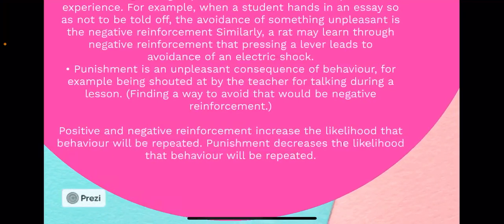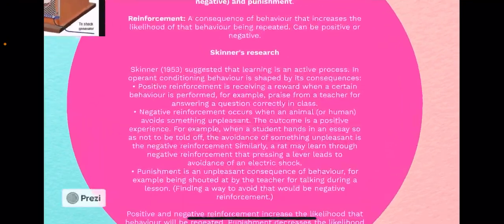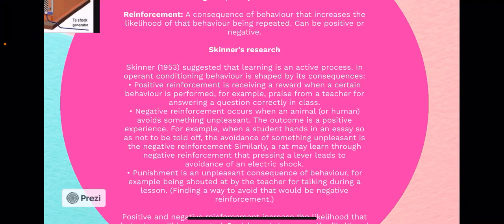Positive and negative reinforcement increase the likelihood that a behaviour will be repeated. Punishment decreases the likelihood that a behaviour will be repeated. So make sure you are aware of all of the key terms and you're aware of Skinner's research.